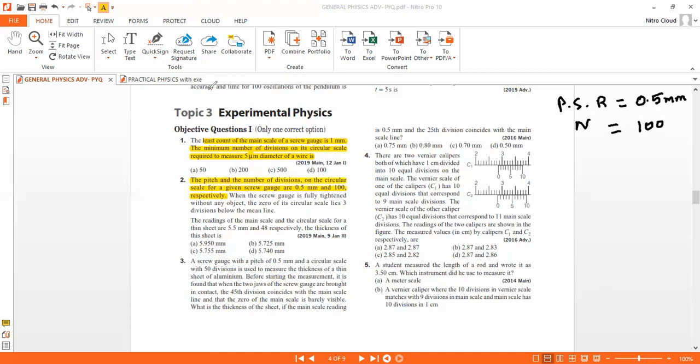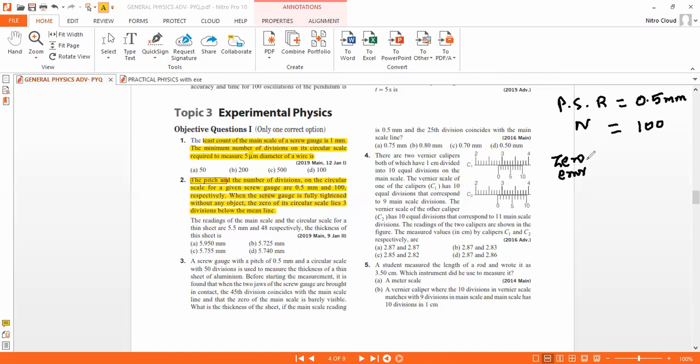Next, when the screw gauge is fully tightened without any object, the zero of its circular scale lies 3 divisions below the main line. Main line means the horizontal line. So firstly, we need to find the zero error.